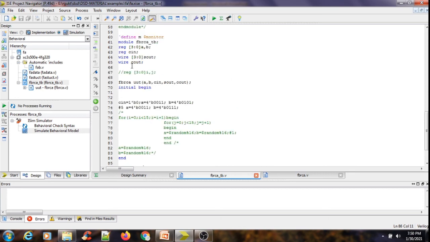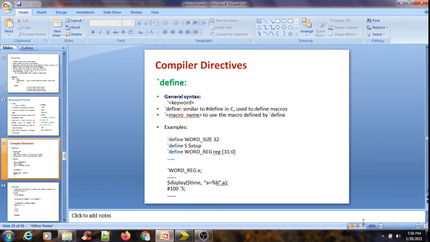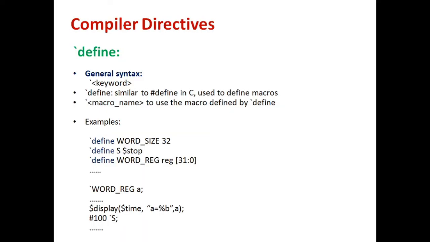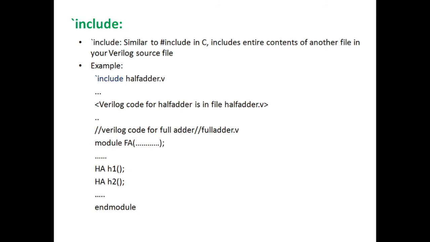Let me move on to the next compiler directive, that is tick include, like how you have used hash include stdio.h or hash include conio.h. In a similar manner, the same usage can also be found in our Verilog HDL. So tick include is similar to hash include in C language.